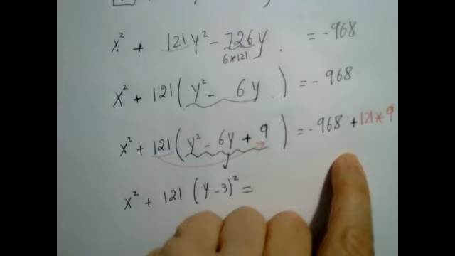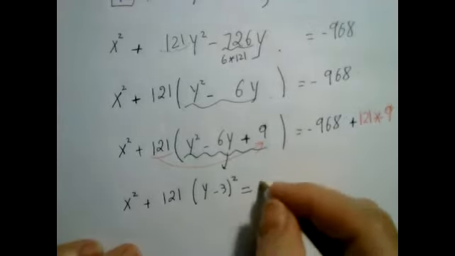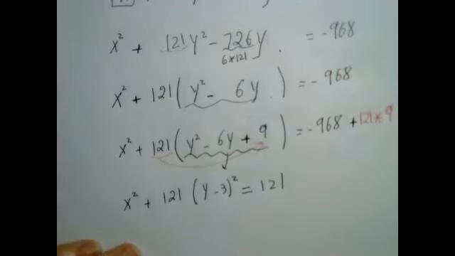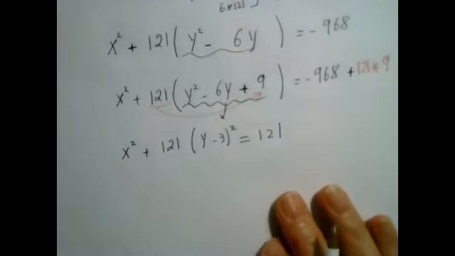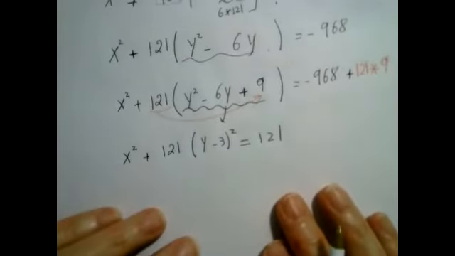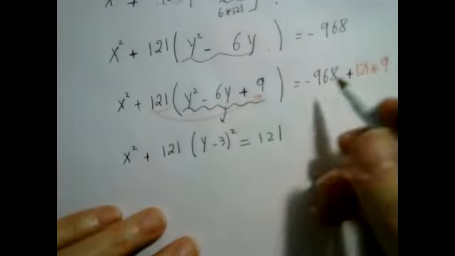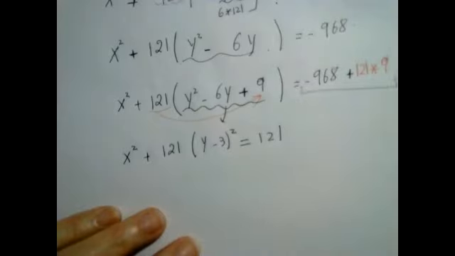So it's 121 times 9 minus 968. So I'm getting 121. Anybody got anything like I did? Anybody else? I mean, I just did the math here.